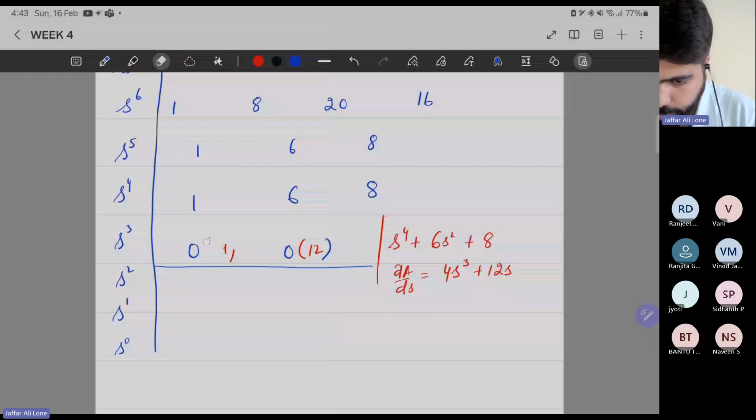I'm just making the calculation simpler. 1, 3, and my S2 will be 3, 8. S1 will be 1 over 3, and S0 will be 8. Are there any sign changes? No, there is no sign change.